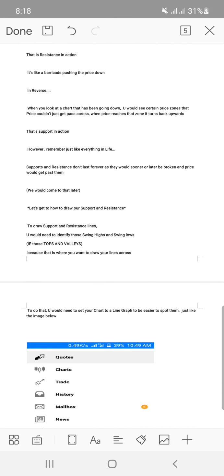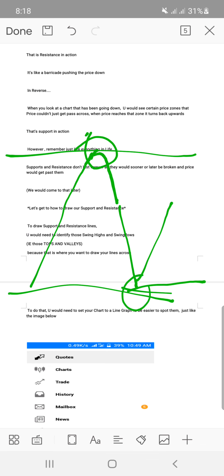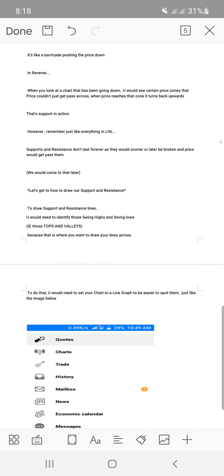So now let's go back to the MetaTrader app. Now, like I said before, we have resistance, we have support. The resistance is up, and it is the area price went to before it reversed. So we consider this place resistance. Then support is below, and is the area price touched before it reversed, right?